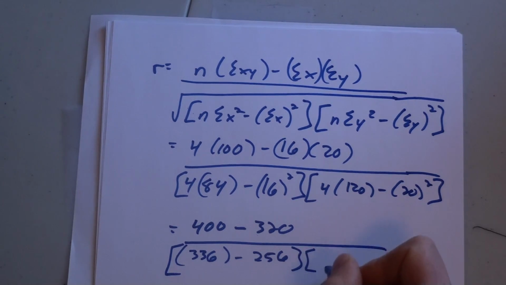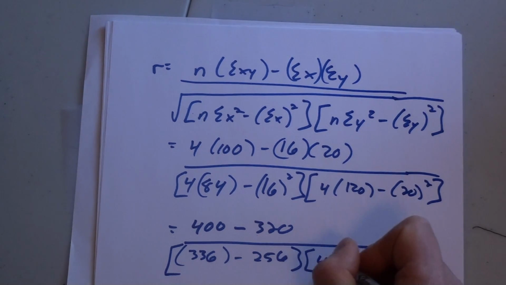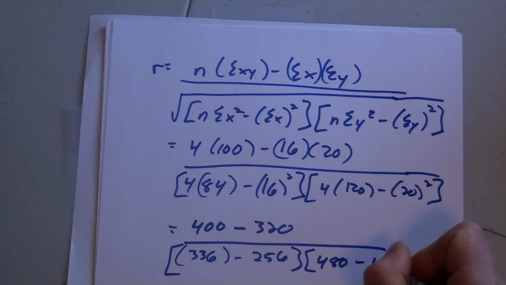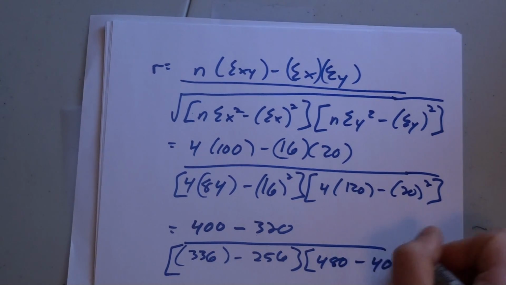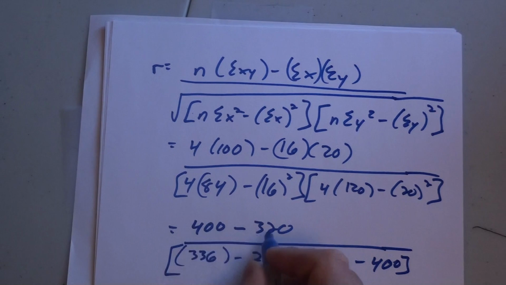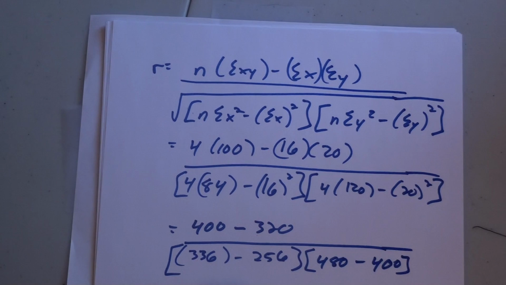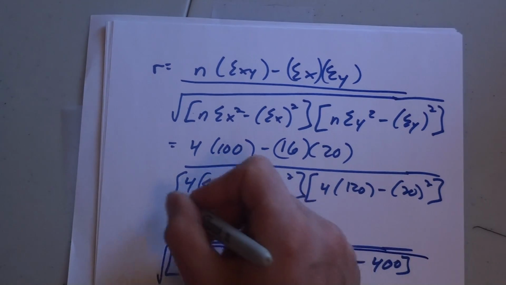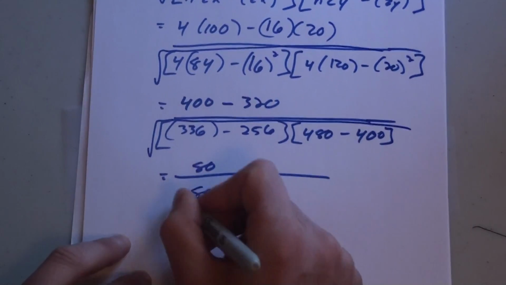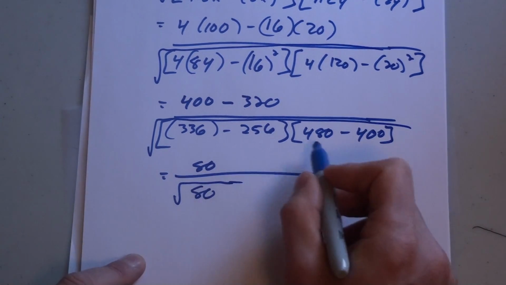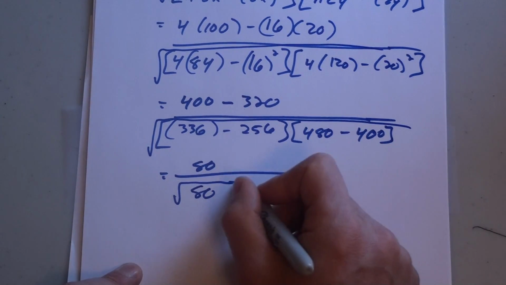Another set of brackets of 4 times 120, which is 480, minus 20 squared, which is 400. So 400 minus 320 is 80 over, then I have 336 subtract 256, which is 80. I forgot I need to have the square root on the entire denominator. And I have 480 minus 400, which is another 80.